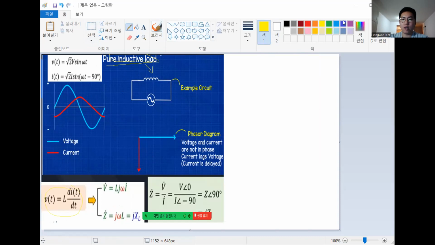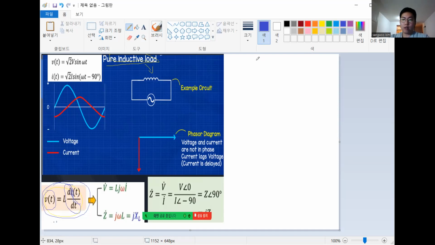This equation is really important. If you guys didn't understand what I'm saying now, just try to see Lenz's law and Faraday's law. I explained deeply about it. Simply, this means that as time goes by, if the current I is changed, the voltage is induced. It's Lenz's and Faraday's law, right?